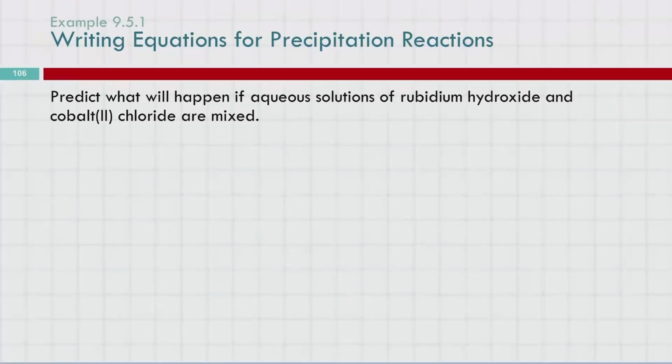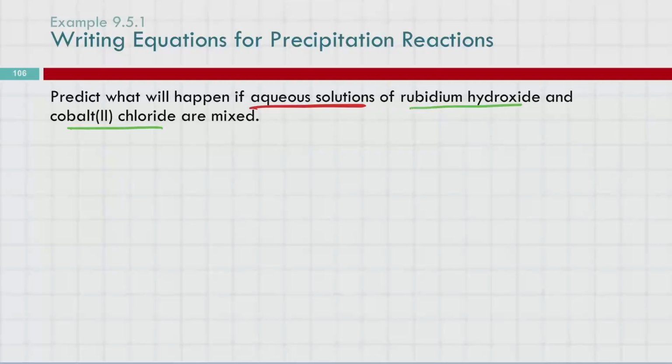We want to predict what will happen if aqueous solutions, this is important, aqueous solutions, they're dissolved, of rubidium hydroxide and cobalt-2 chloride are mixed. Notice that we're given chemical names, not chemical formulas. That means that we have to be able to do nomenclature, at least for this type of problem.